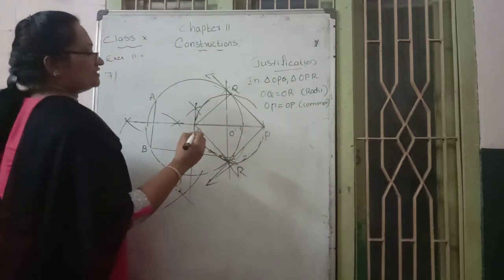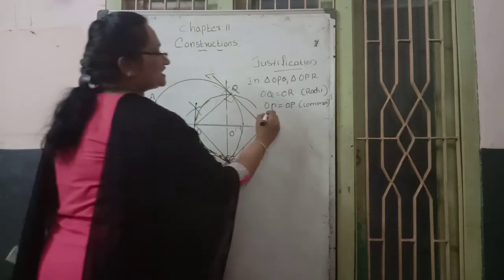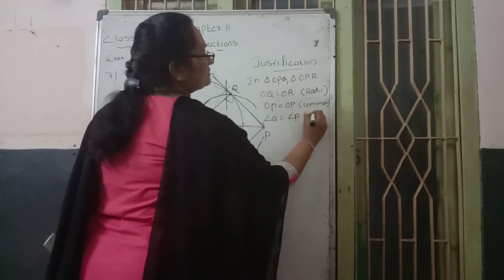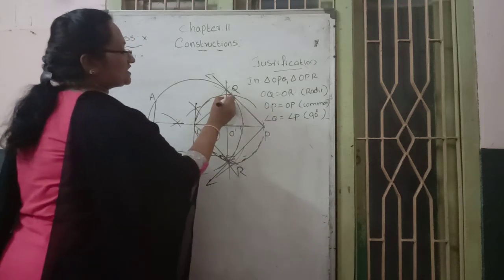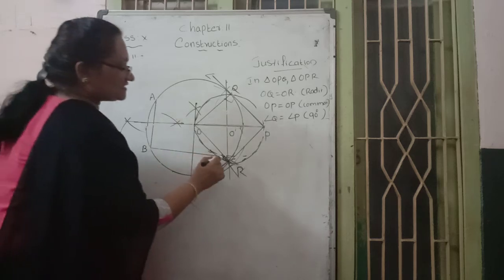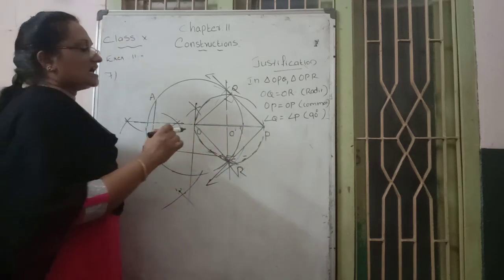Next, what can we say about angles at Q and R? Both are 90 degrees. With respect to Q, the OP line represents the hypotenuse. With respect to R, the OP line also represents the hypotenuse.